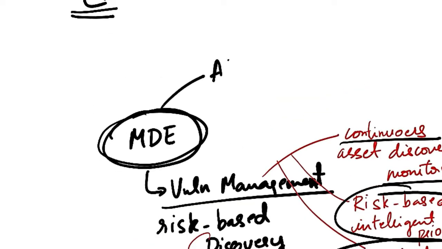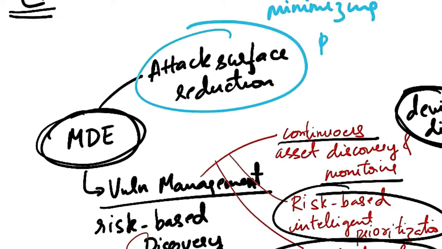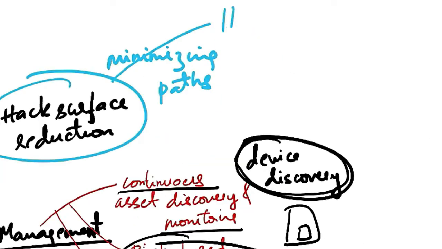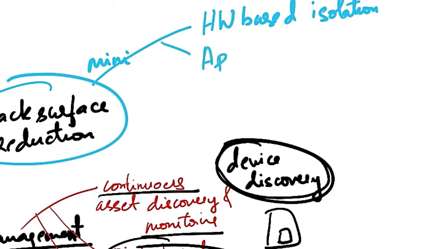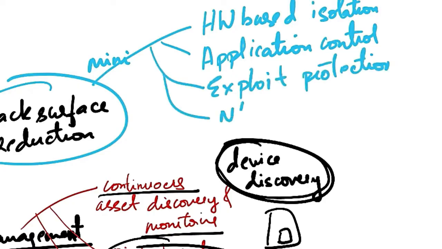Another capability is attack surface reduction. So this is nothing but minimizing potential paths through which attackers can exploit vulnerabilities on endpoints. So this includes hardware-based isolation. Application control. That is, you can control what applications are allowed to run on endpoints. And this will reduce the risk of executing malicious or unauthorized software. Then it includes exploit protection, network protection.